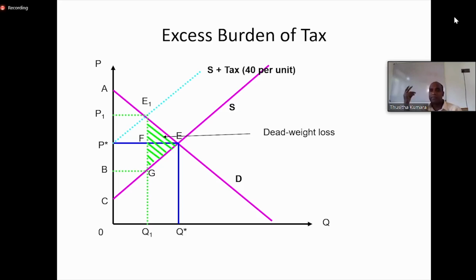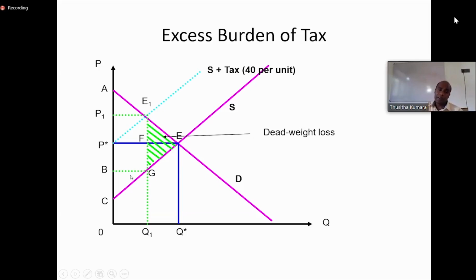It's a heavy burden, and excess means we have some additional burden because of the tax. Right. So to get that, maybe we finish and have a break a bit late today, so that we can finish this.